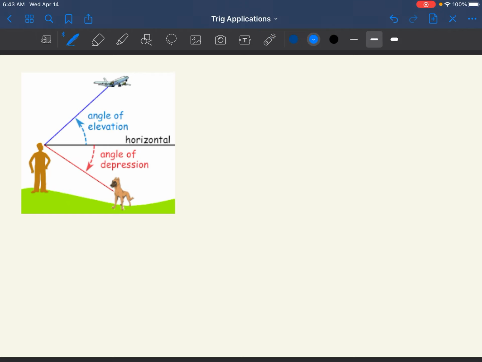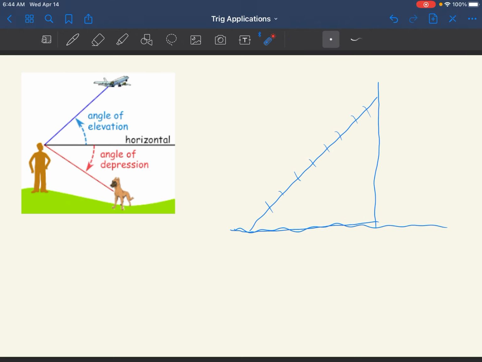Let me give you another example of the angle of elevation. Let's say we had a wall. Here's the ground. And we have a ladder. This is a ladder leaning against the wall. The angle of elevation, again, goes from the horizontal, which in this case will be the ground.